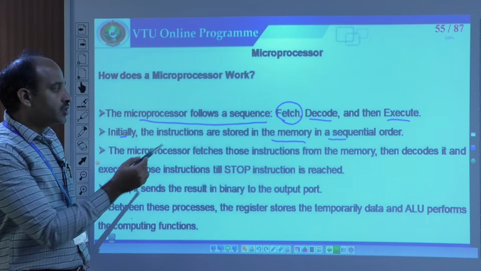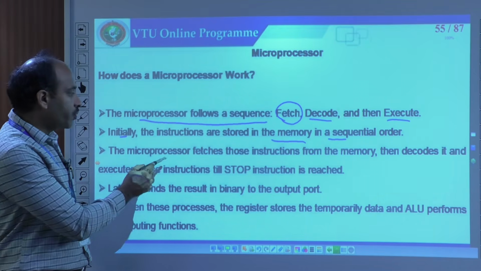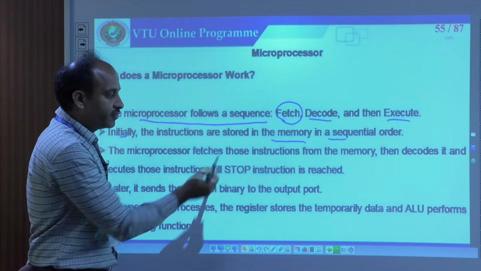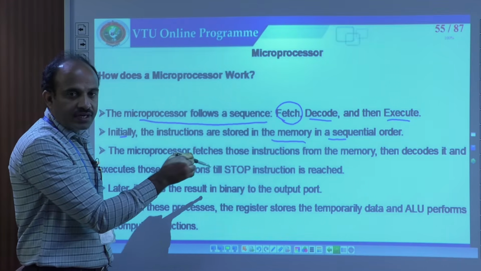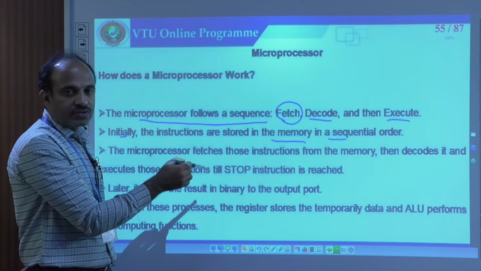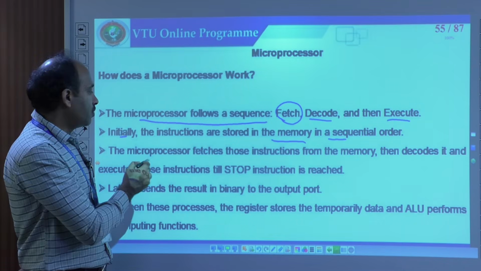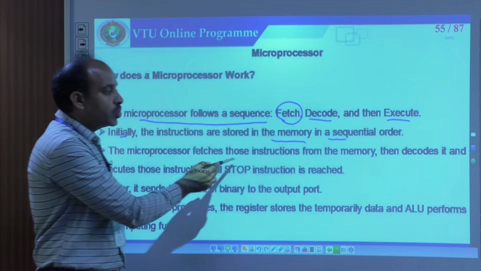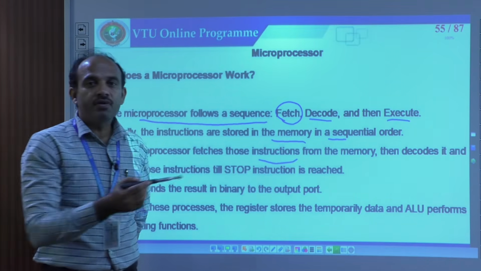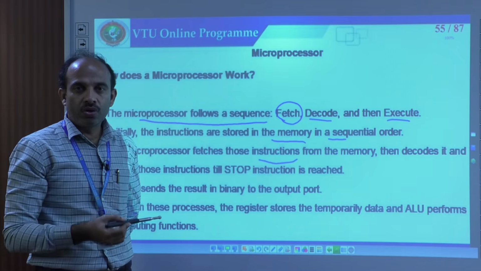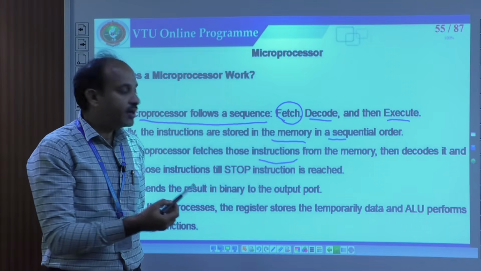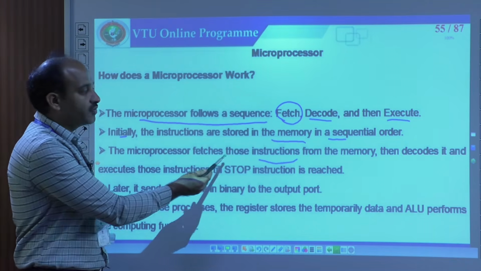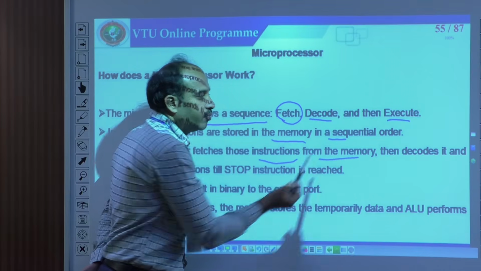Next, once that storing part is over, the microprocessor fetches. Now the fetch comes into the picture, because the instructions are already stored in the memory. What will the microprocessor do? It fetches those instructions from the memory.